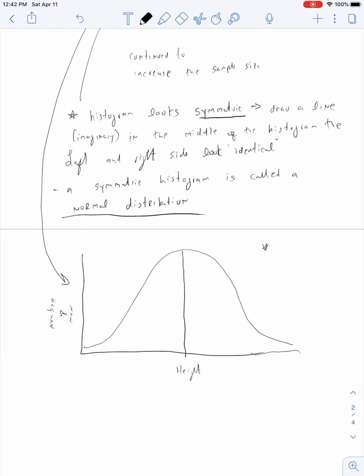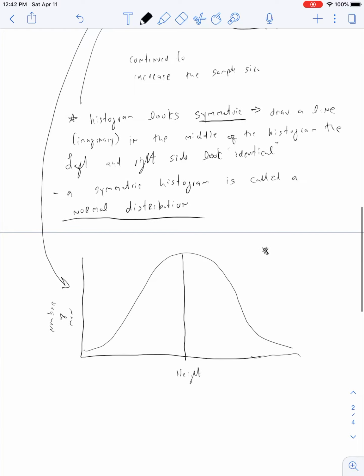I want you to understand that this bell curve is a normal distribution. A normal distribution is really a histogram, and remember that a histogram just comes from a whole bunch of data. That's very important to understand.